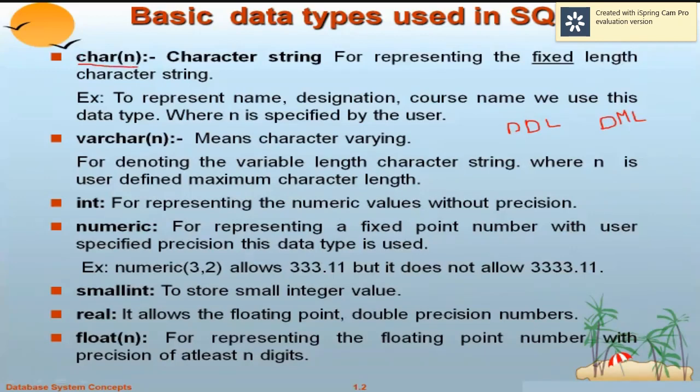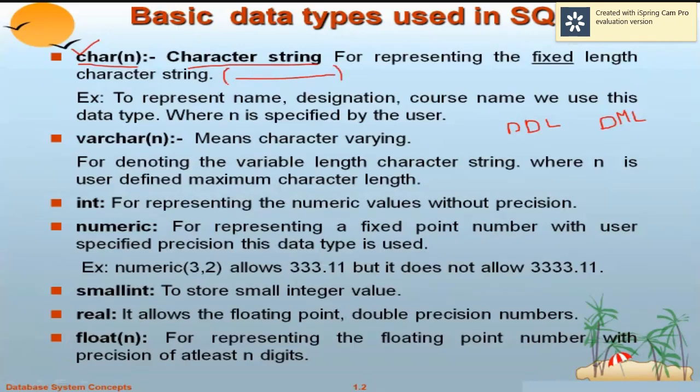So the first data type is char. Char is nothing but a character string. A character string is a set of words, like when you write your name or your institute name. It consists of a combination of alphabets, so any kind of words will come under character data.